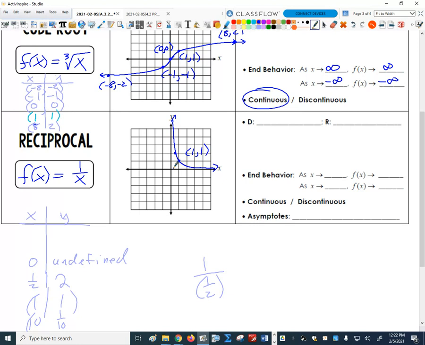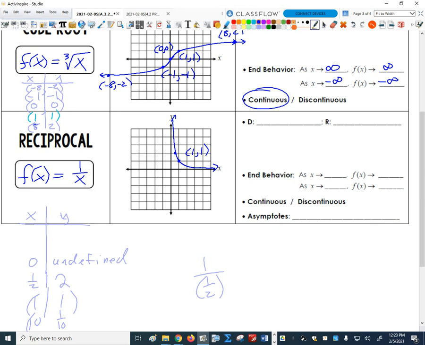So as I get closer and closer to 0 on the x side, the y values are just getting huge. They're just exploding. If I put in really big numbers like a billion, well, 1 divided by 1 billion is a really small number. So we're getting extremely small outputs. They're still positive. They never quite get to 0, but the y values are getting closer and closer to the x-axis as I go to the right.